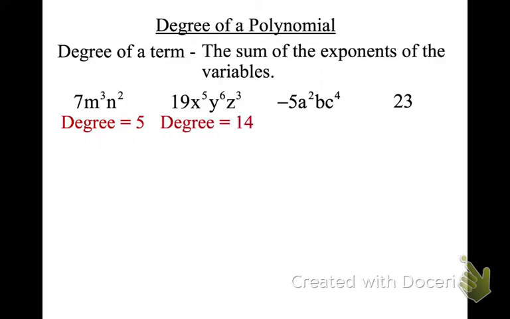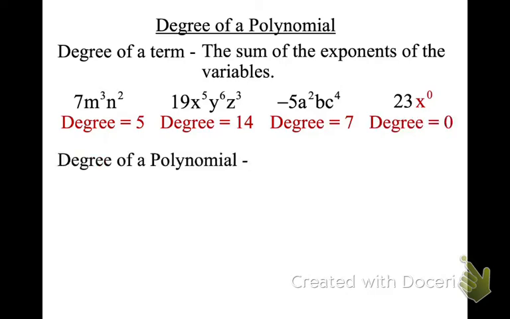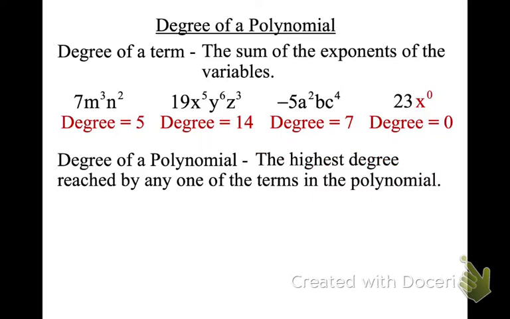The degree is 14. The next one is 2, 1, and 4. Remember, don't forget that b has a 1. So it's 7. Okay? And 23 is a 0-degree polynomial. So, or of the term, sorry, that's of the term.